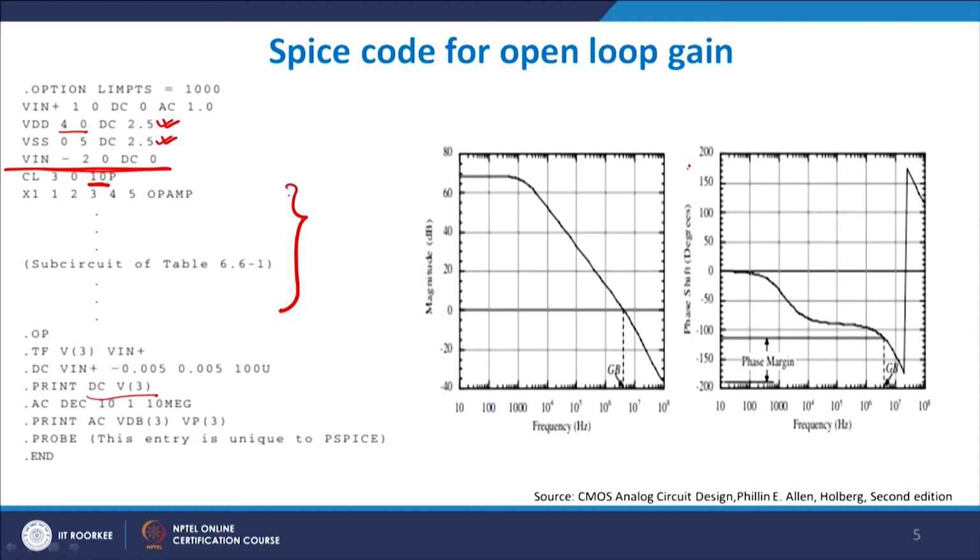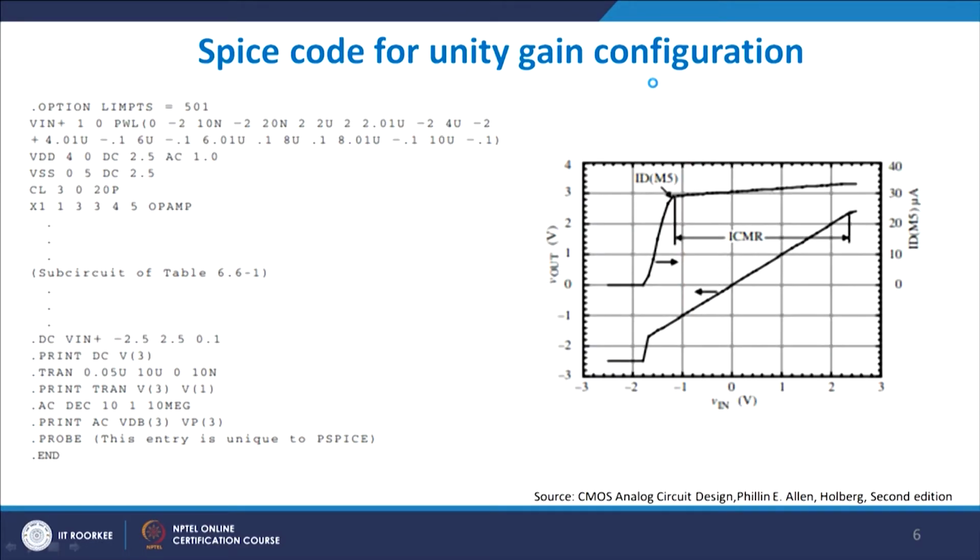So, we plot a magnitude, which is basically gain versus frequency. This is your frequency spectrum, and then you also plot phase versus frequency using the SPICE code. If you want to do it for the unity gain configuration, unity gain basically means that you just short the input and output, so you have a unity gain feedback loop, and that gives you a unity gain output.